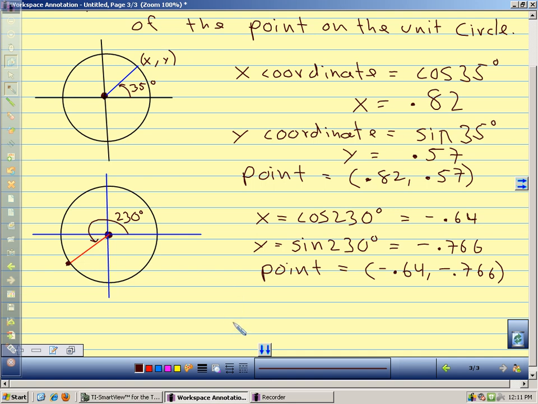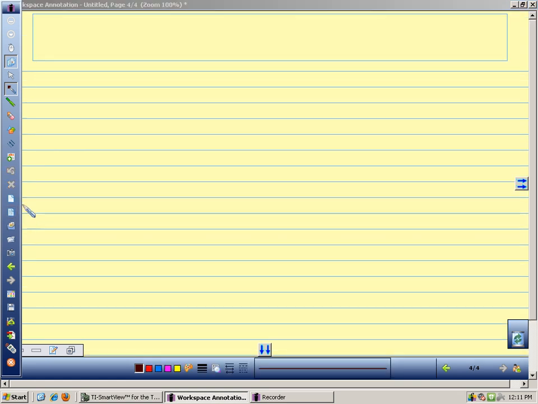Questions on that example? So x coordinate, cosine of the angle, y coordinate, sine of the angle, as long as we're on the unit circle. All right. Let's look at another thing that we need to keep track of with the unit circle.